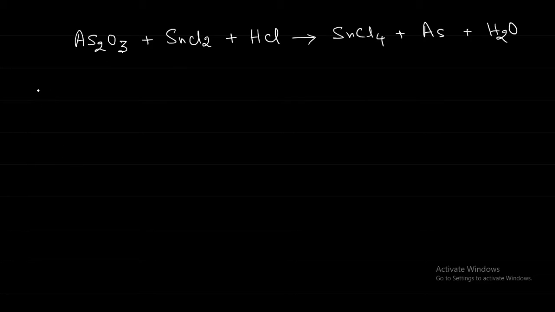First thing, we will write the names of the elements: arsenic, oxygen, tin, chlorine, hydrogen. Chlorine is already there, so 1, 2, 3, 4, 5 elements are there. Reactant side, product side.